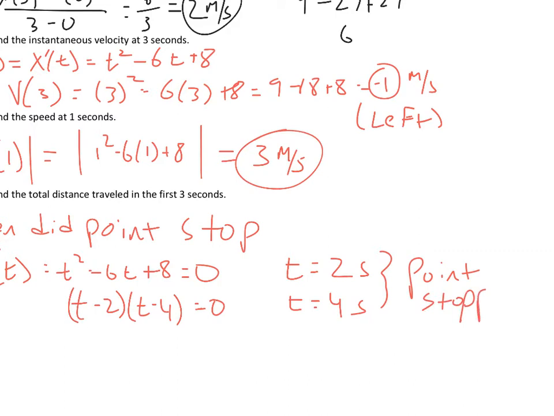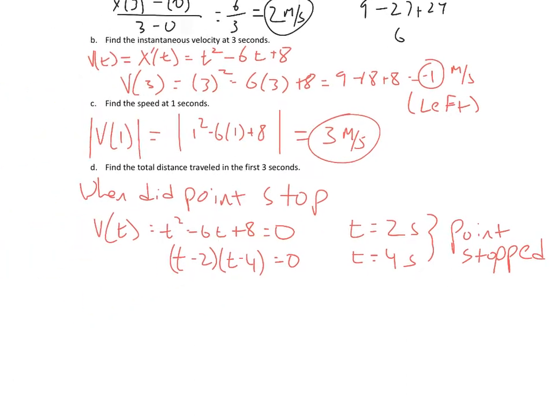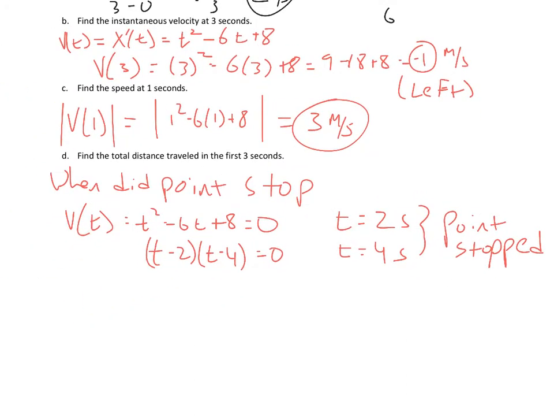So what we want to do is figure out the total trip. Now, you don't have to do this, but I'm going to do a quick number line here: 0, 2, 4. If we plug in something like 1 into this function, 1 minus 6 times 1 plus 8, that's positive.